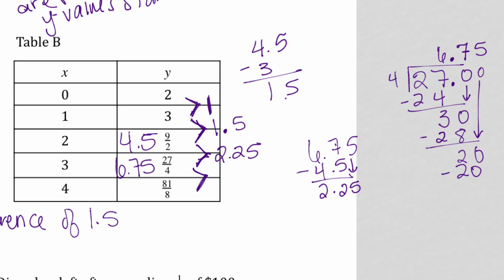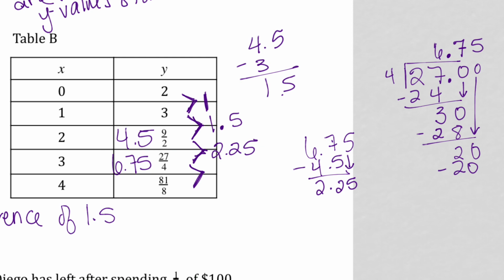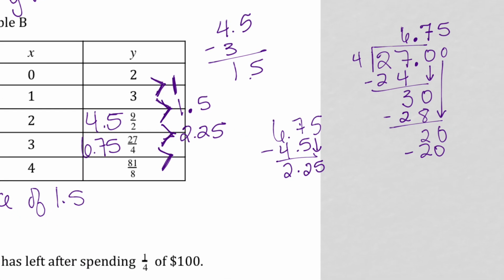What about 81 divided by 8? How many times does 8 go into 8? 1 time. So we drop down our 1 because that's a 0. Does 8 go into 1? No. Okay. Drop down a 0.